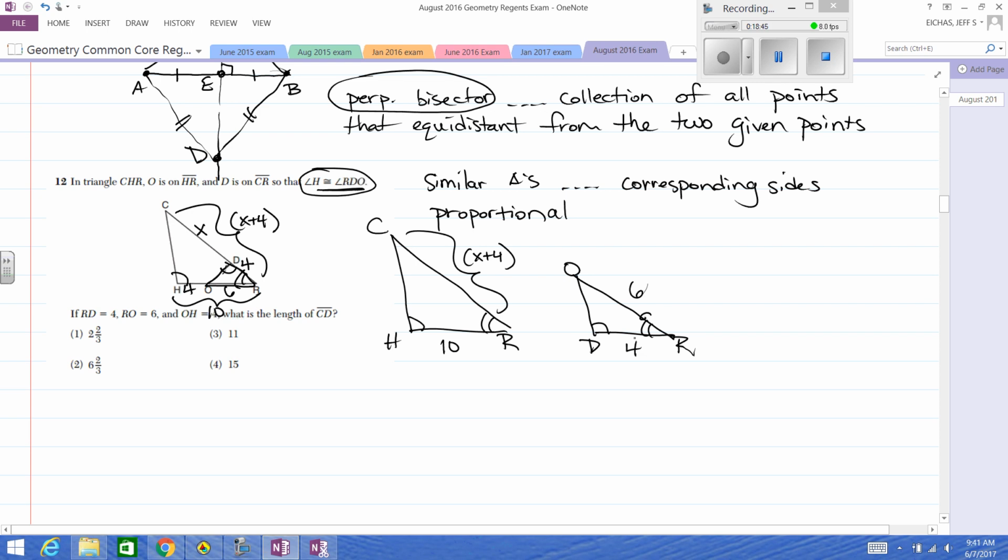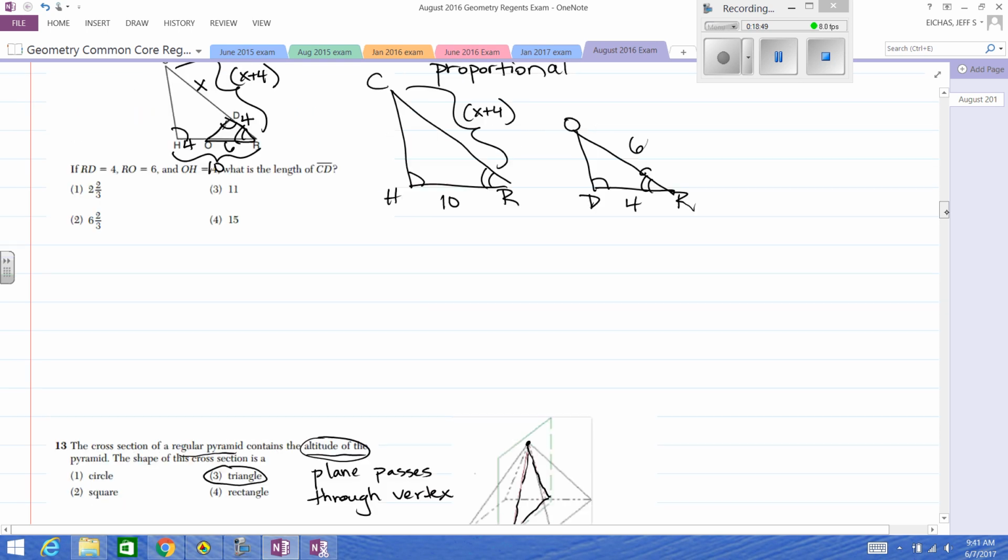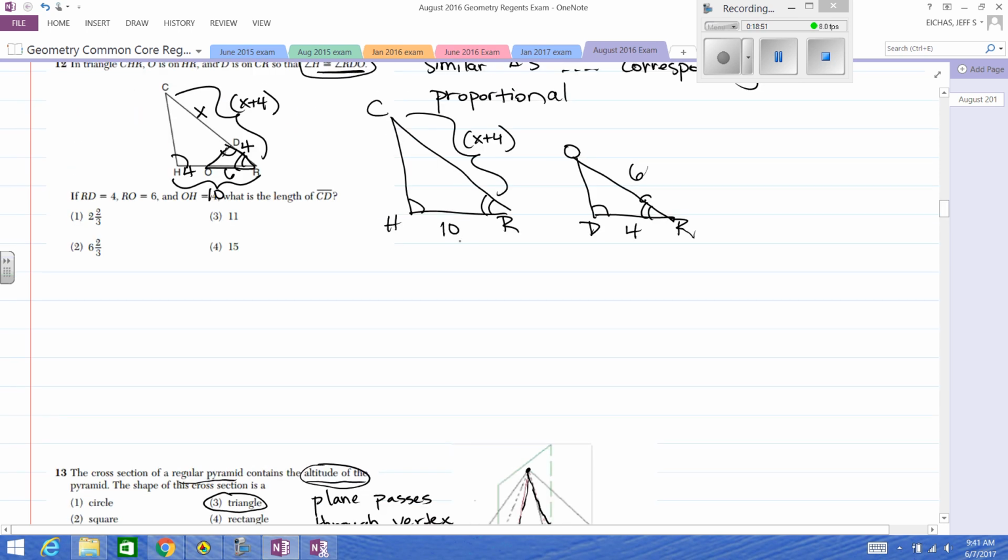All right, once we set it up like this, it's very easy to get our proportional corresponding sides. So I'm going to start right here. 10 corresponds to 4, so we'll make that one of the fractions. X plus 4 corresponds to 6, and now we'll run the cross products.